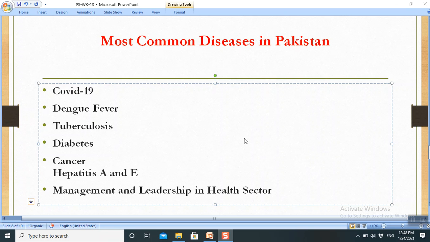These diseases, including the currently added COVID-19, dengue fever, tuberculosis, diabetes, cancer, hepatitis A and E, clear? So these are the most common diseases in Pakistan.